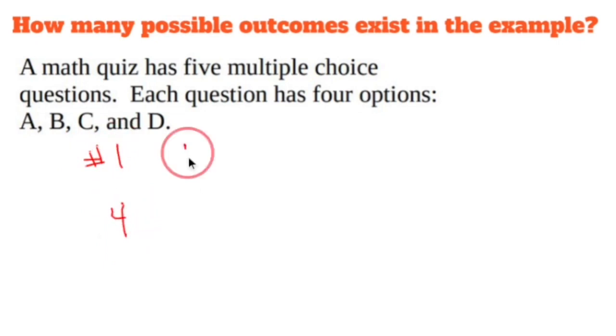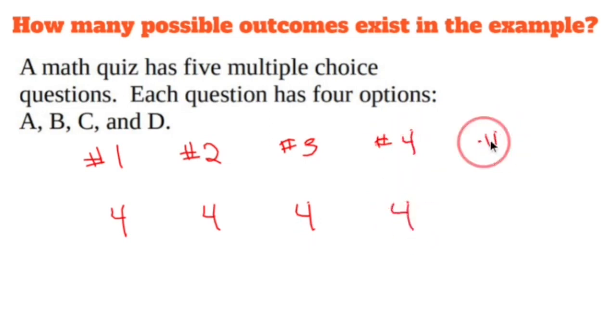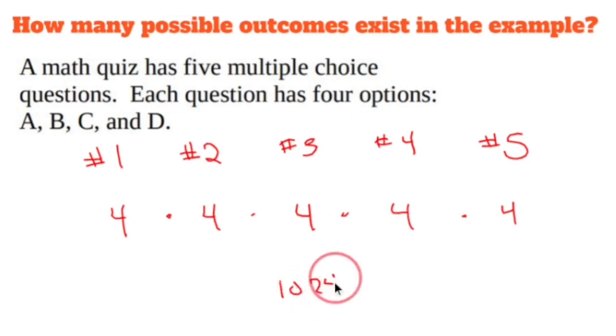4. Question number 2, 4. Question number 3, 4. Question number 4, 4. Question number 5, 4. And you multiply everything in between. 4 times 4 times 4 times 4 times 4 is 1,024.